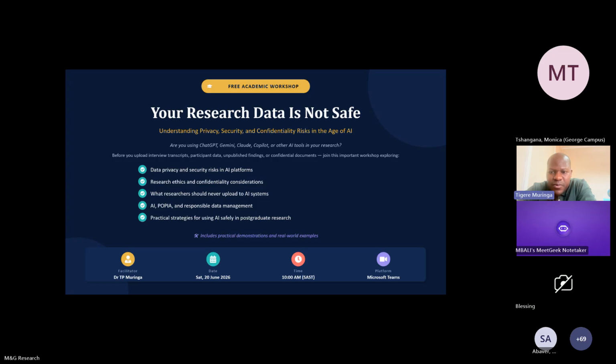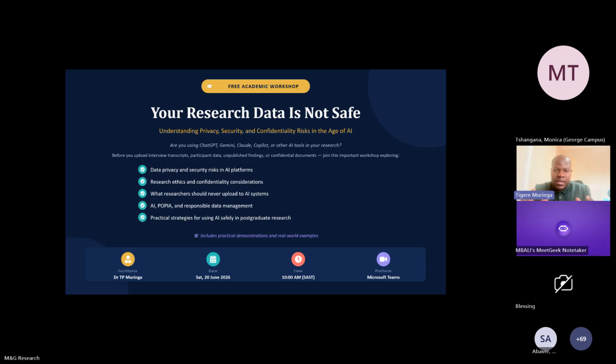And we need to improve the credibility of research, right? And responsible AI is not anti-technology. It is ethically governed technology use, right?